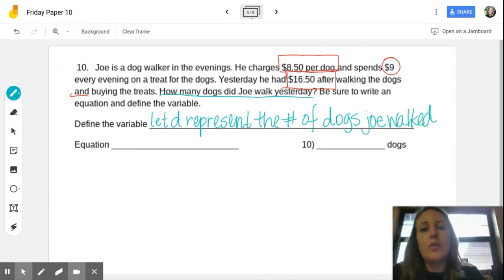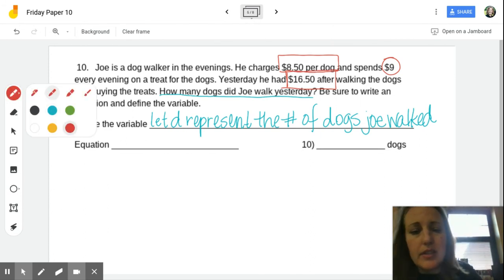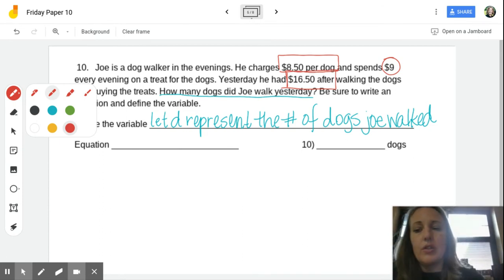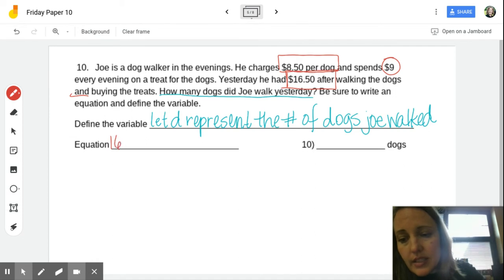All right, so the equation is going to use some of these other things that we marked. Now look for something that seems like a total. That's what I always start with. What's the end result? What's the total? In this case, he ended up with this much money, right?